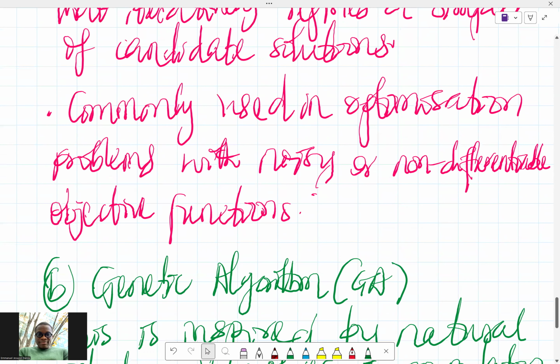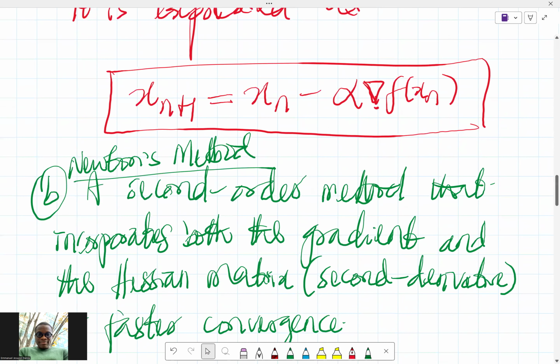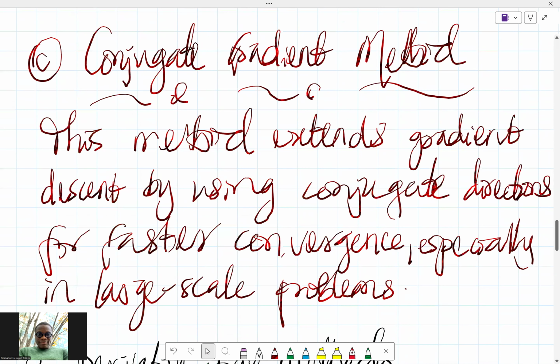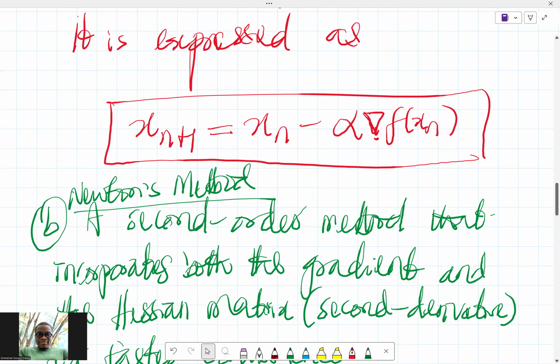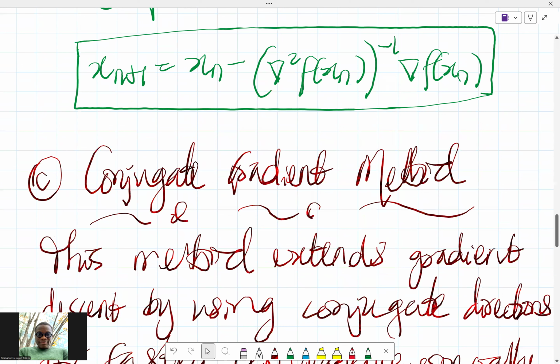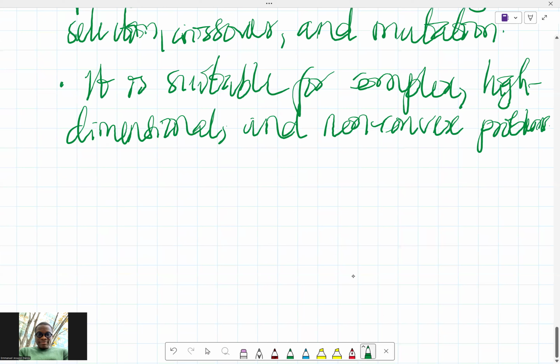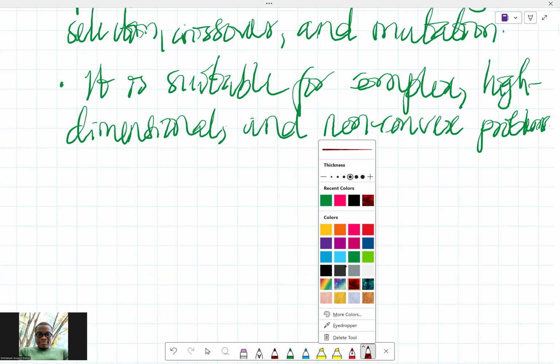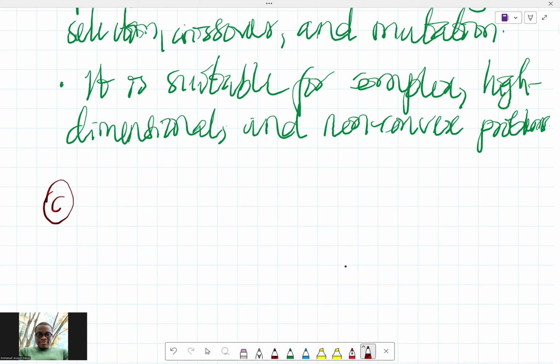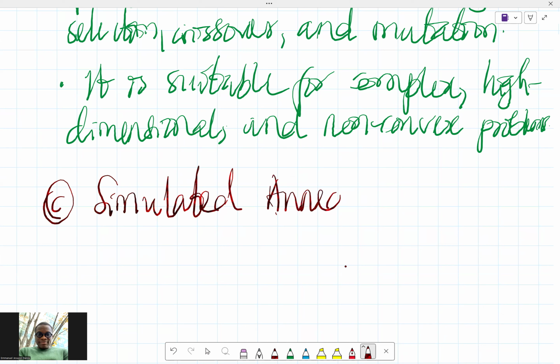Apart from the genetic algorithm, another derivative-free method would be simulated annealing, SA. It's an idea from, I think, metallurgy.